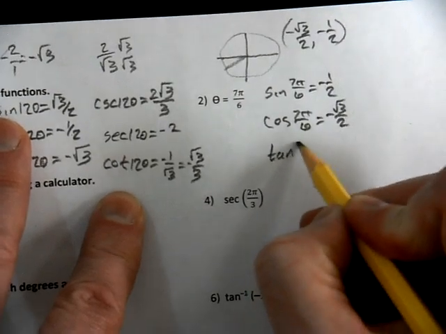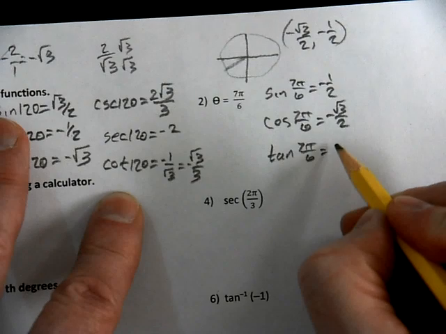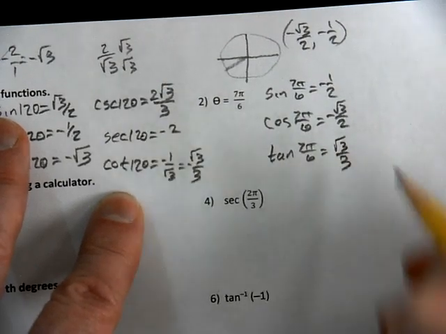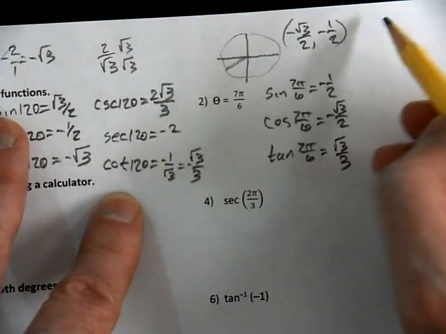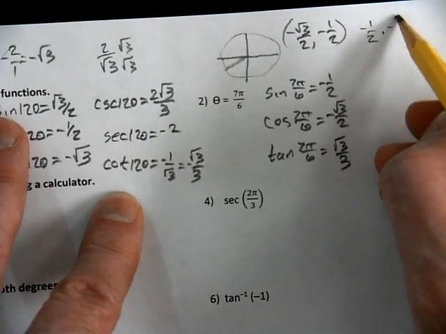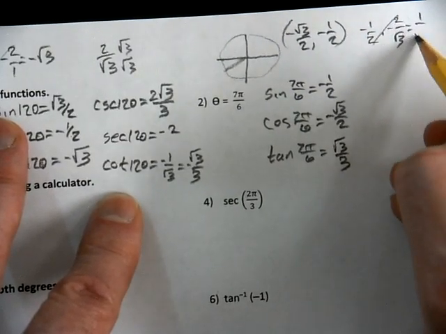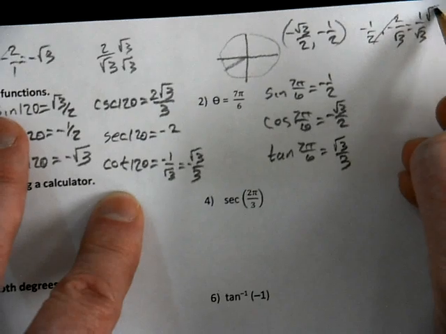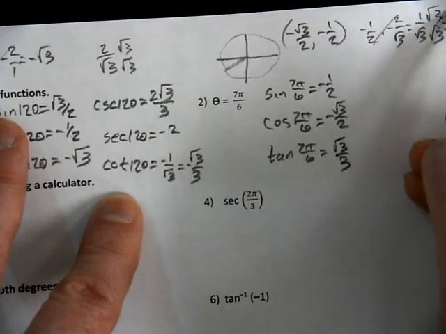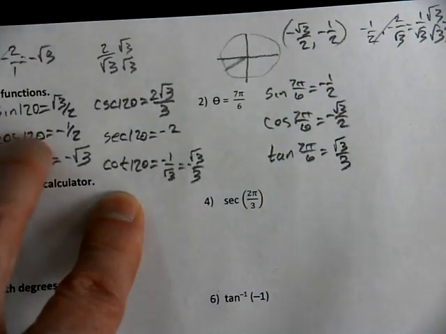Our tangent of 7 pi over 6 is the reciprocal of that, which is going to be root 3 over 3. That's your y value divided by your x value. So we multiply by the reciprocal, and you rationalize that. Root 3 over 3. And it's positive.